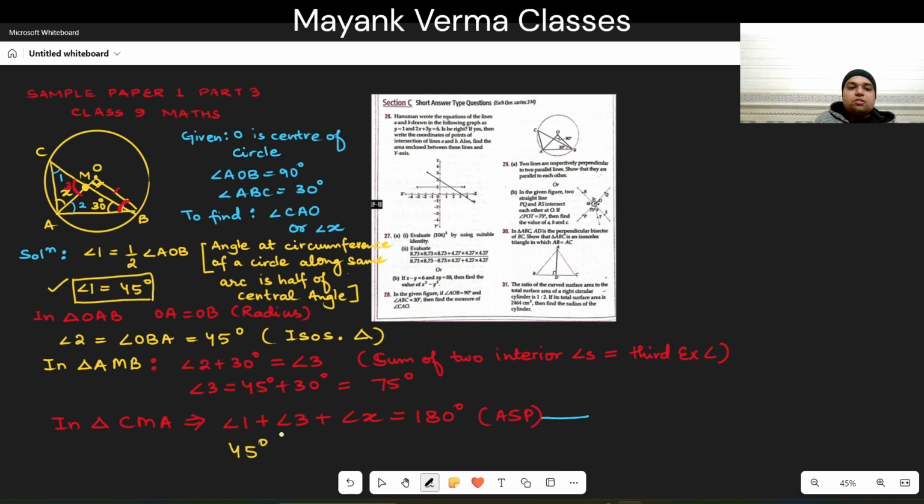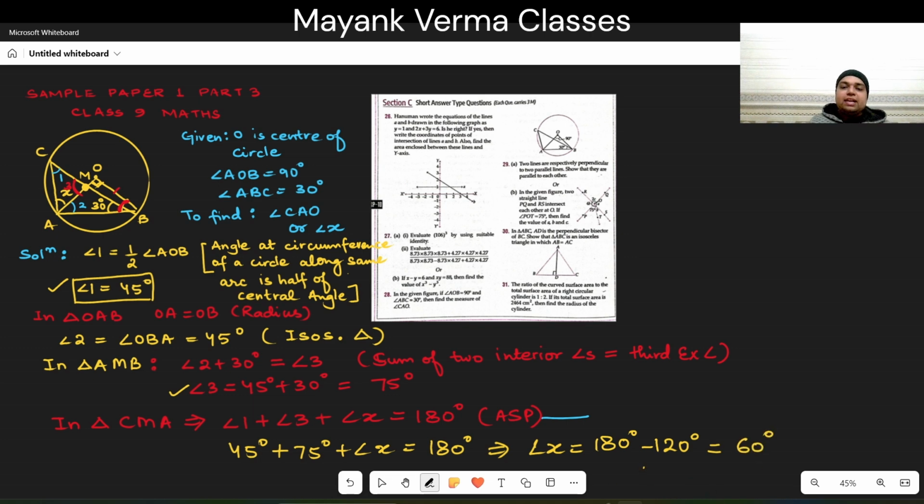Angle 3 we also know, that is 75 degrees, and angle x we need to find, which is equal to 180 degrees minus 45 plus 75, which is 120. So 180 minus 120 will be equal to 60 degrees. So angle x will be 60 degrees. So this is the answer.